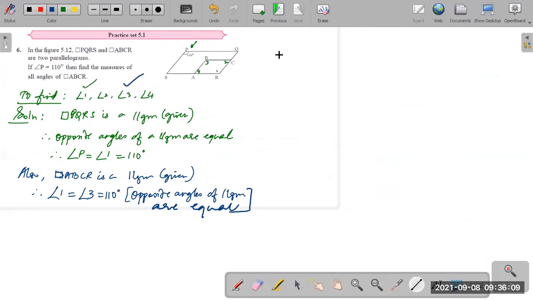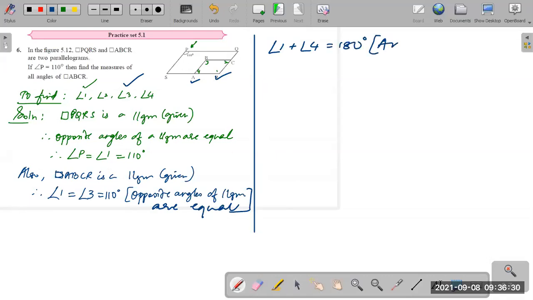Now we are going to use the second important property, that is on adjacent angles. So we have angle 1. Now let's find angle 4. We know sum of adjacent angles is supplementary. So angle 1 plus angle 4 equals 180 degrees. What is the reason?